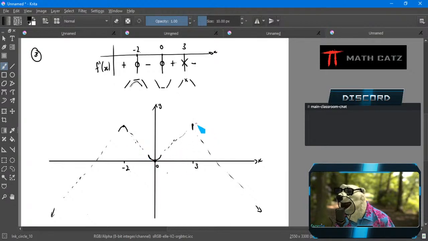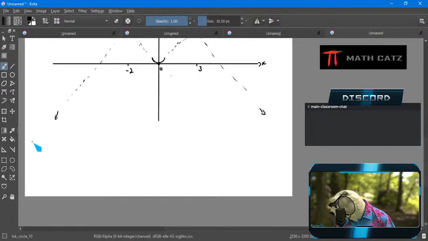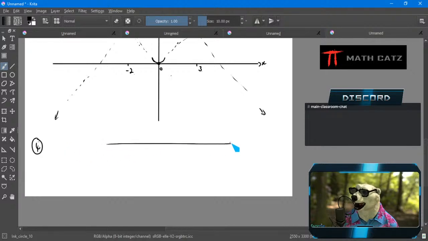It can bend up right into that vertical tangent line at 3, and then we'll see what happens. I need that information. I always have a little bit of room left for my concavity.